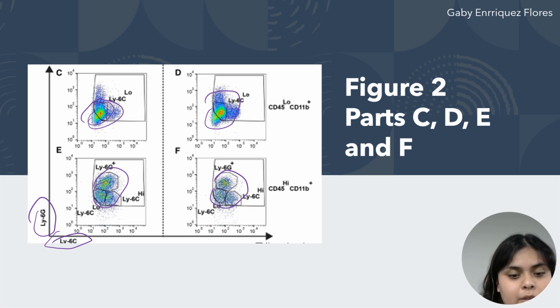And just like graphs A and B, there is a lot more cell density in the hyperglycemic labeled graphs, which are D and F, compared to C and E, which are normal glycemic conditions.